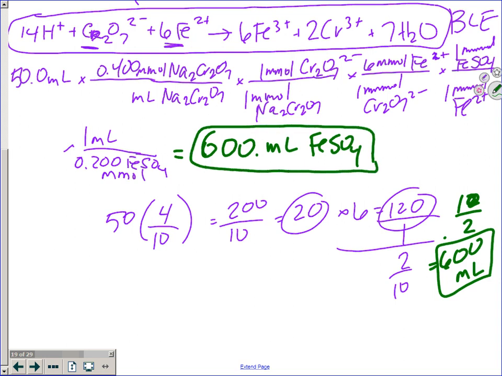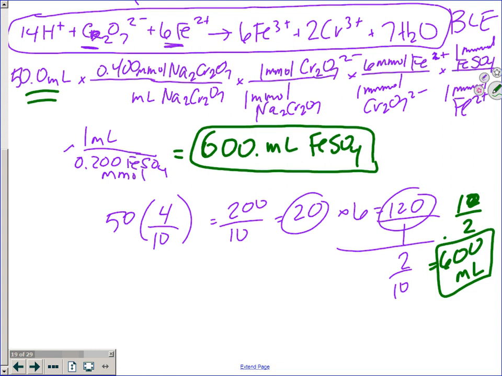All right, so let's make sense of this and make sure it makes sense logistically. I need a ratio of 6 to 1 or 1 to 6 for the dichromate to the iron. So I used 50 milliliters of the first one. So 6 times 50 should be what? 300, right? But I've got 600. So why is it 600, not 300? Because the molarity is what?